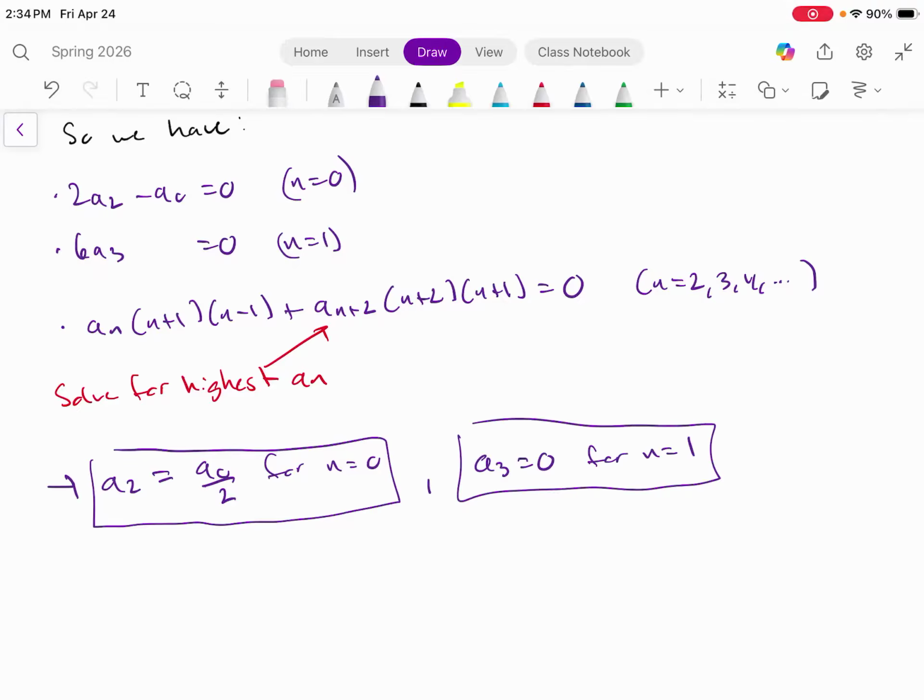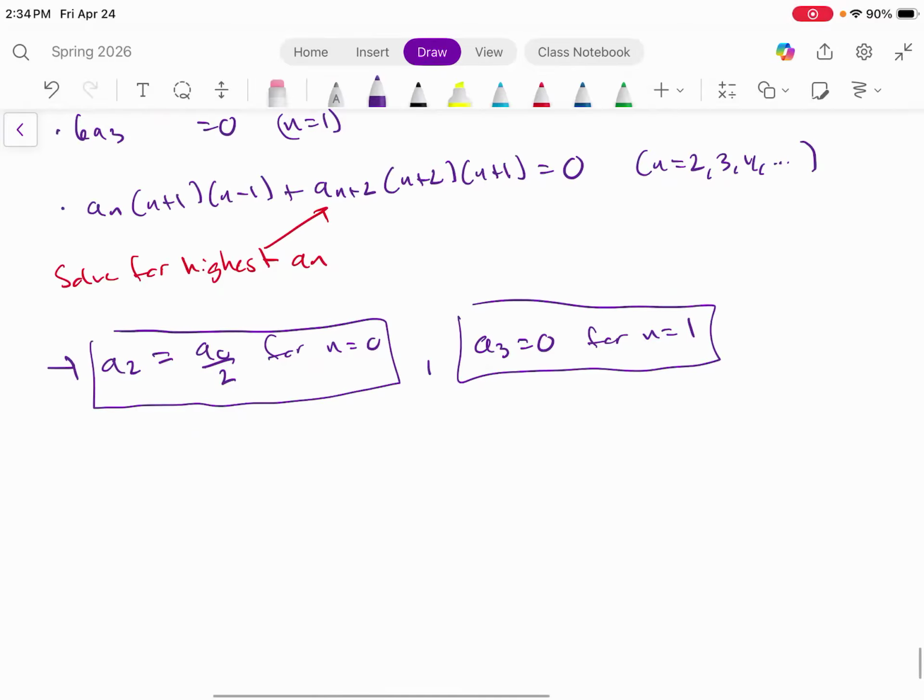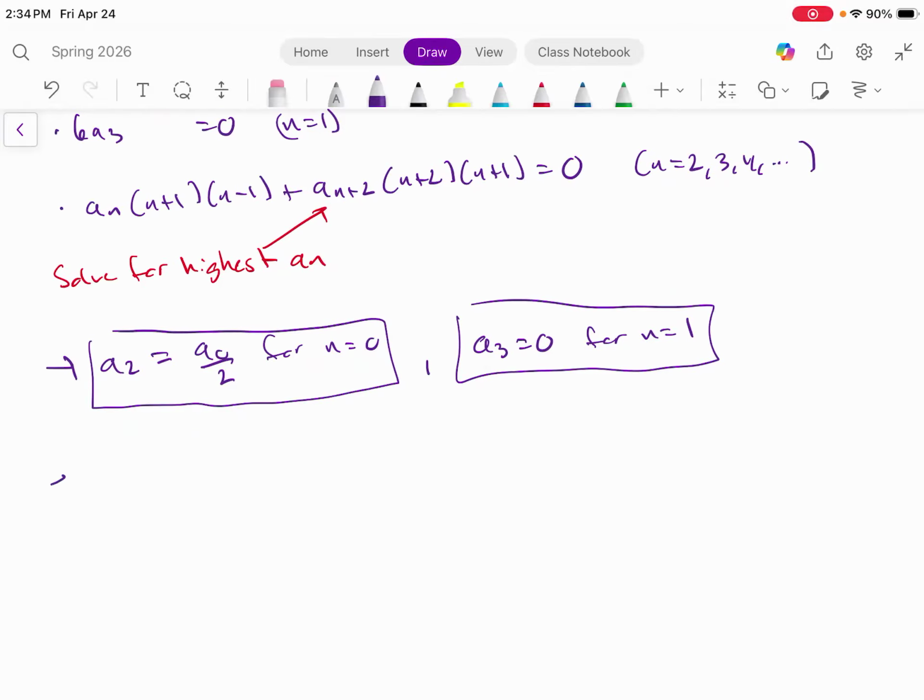And here's where we get our big recurrence relation that a sub n plus 2 is going to equal negative a sub n times n plus 1 and n minus 1 all over n plus 2 and n plus 1.